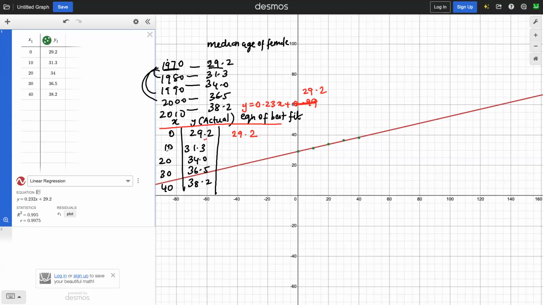Now substitute 10 in there. What would you get? 2.3 plus 29.2, right? 31.5, correct, guys? Substitute 20 in there. What happens? 4.6 plus 29.2, right? 33.8.